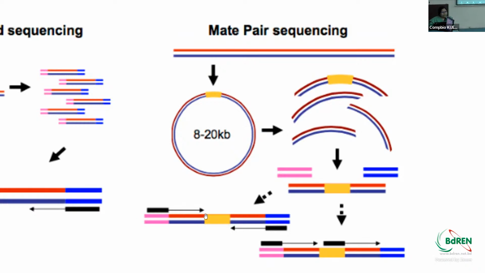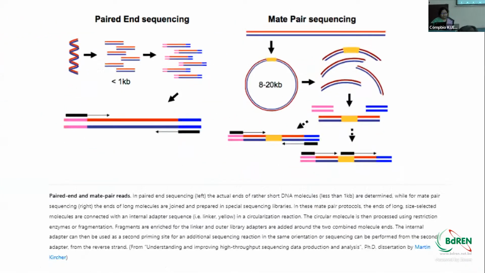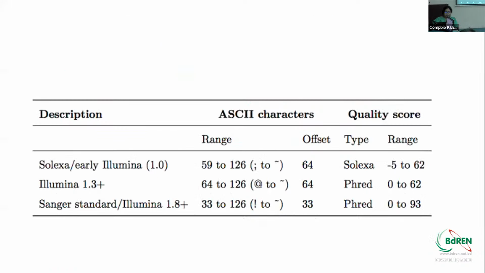This was also used for tracking how far apart the two reads are, since the linker, the yellow part, is known to us, so we know how much distance they have between. So both of these help to get a reliable sequence, making the assembly more reliable.